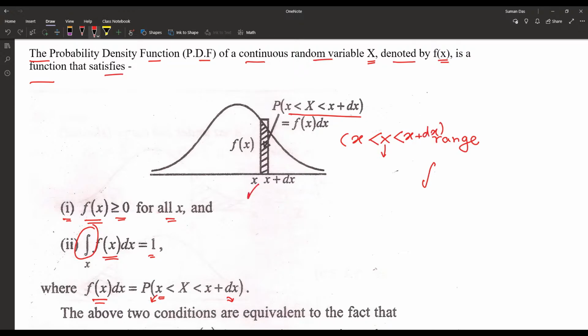So that is the point for x and that is the point for x plus dx. So if that is our density curve, then that is our function, and the area is particularly defining the PDF.